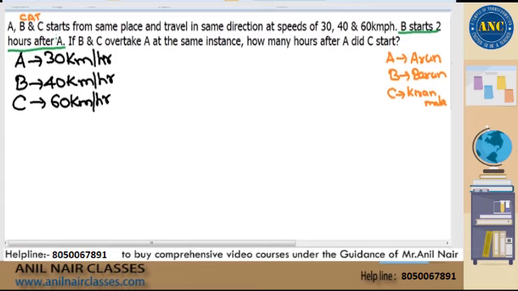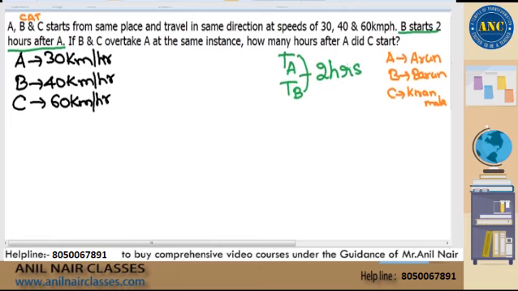What is the meaning of that? It only means that the time difference between you and me is 2 hours. So here also, B starts 2 hours after A means the time difference between A and B is given as 2 hours. This is given in the question.